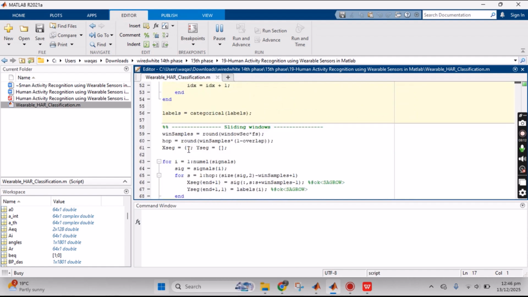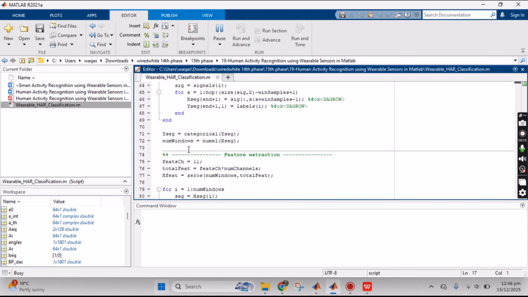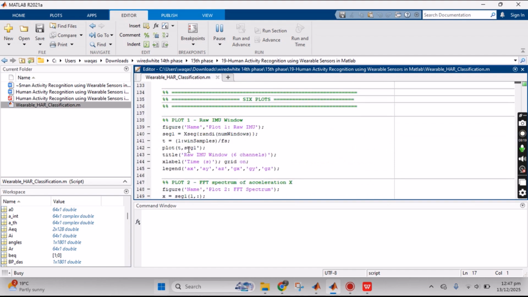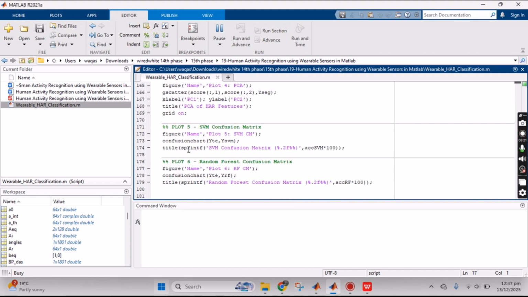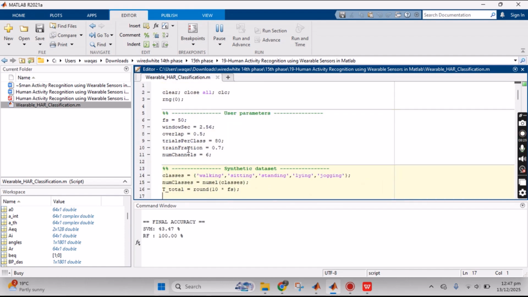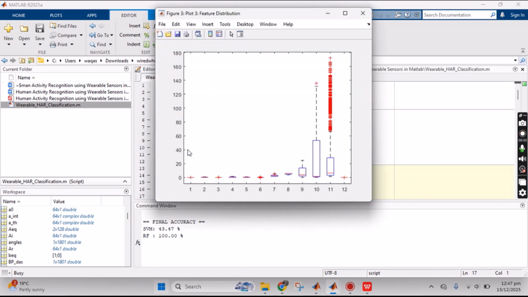These are the MATLAB code, the complete MATLAB code for walking, jogging, sitting, standing, and laying. All the parameters are added in it.